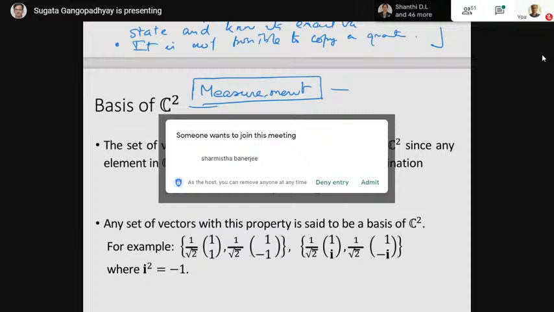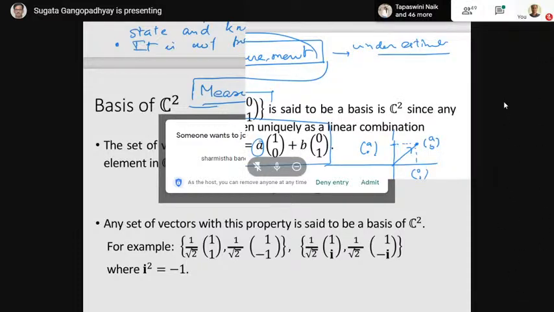A measurement process is always related to a basis. With respect to a measurement, there is always an orthonormal basis.